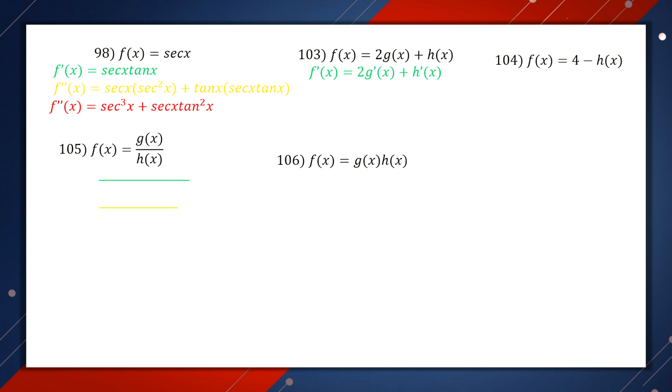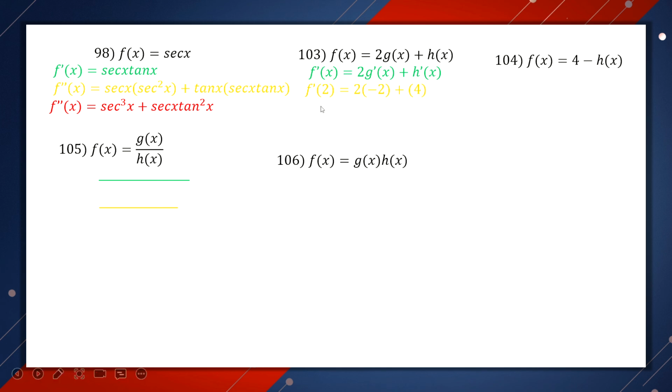And in the next question, f of x equal to 2g of x plus h of x. So we need to separate each of the terms and take the derivative of each. So it becomes 2 times negative 2 times g of x and h derivative x.